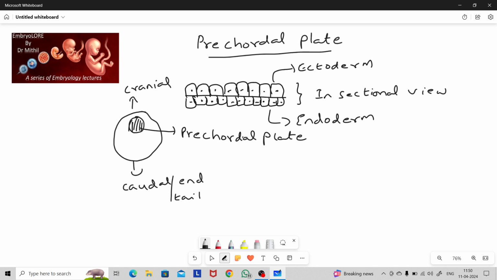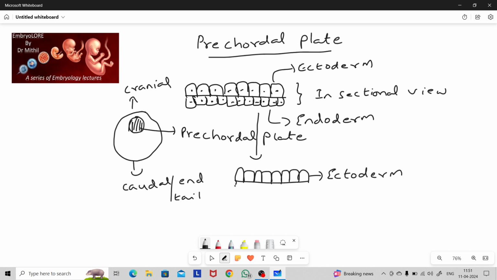Now at the cellular level, here we have seen the ectoderm, that is columnar, and the endoderm, that is cuboidal. This is the ectoderm as usual.